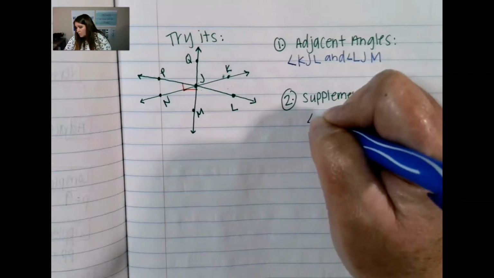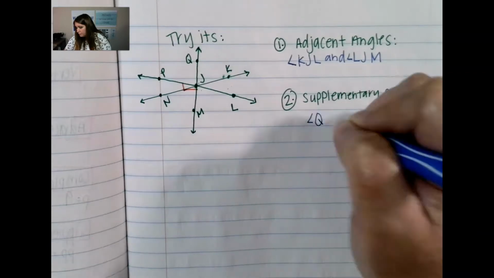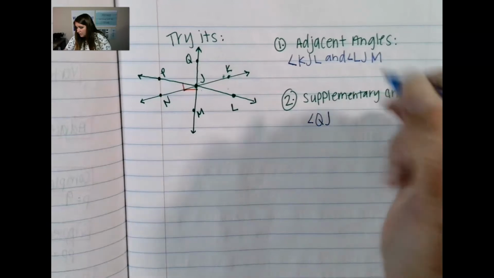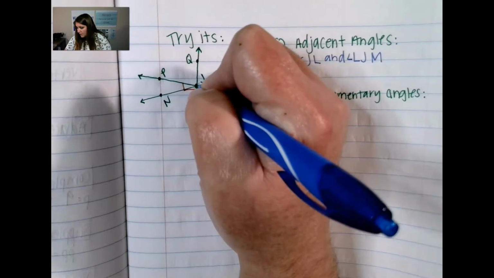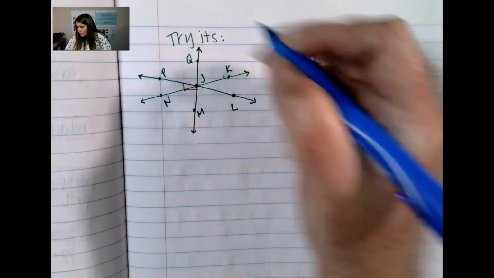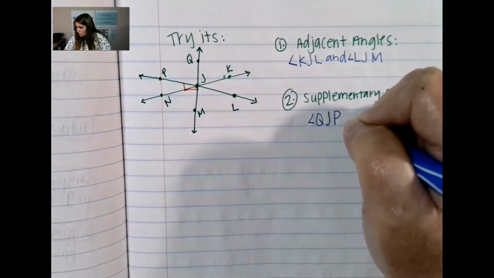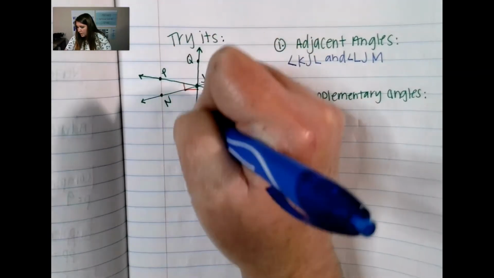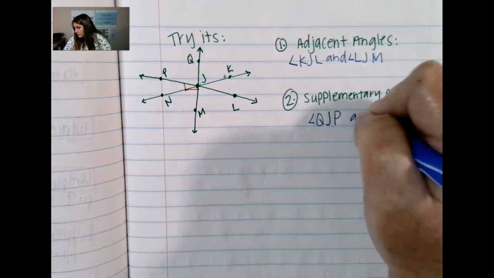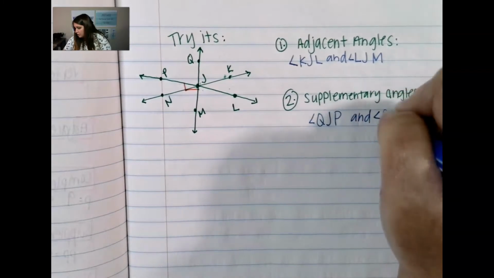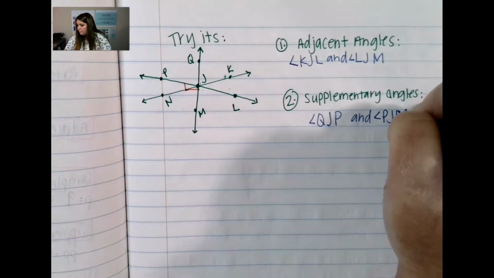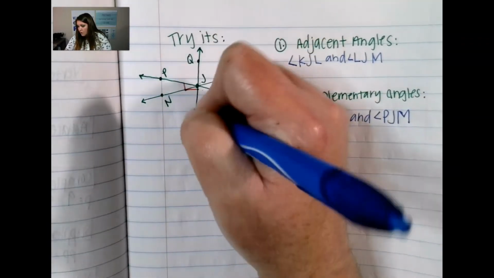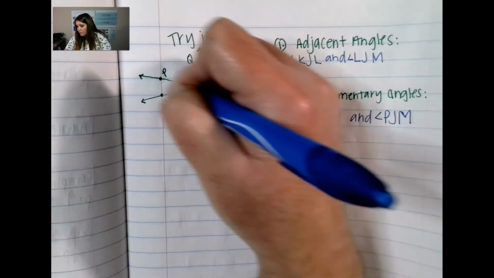I'm just going to go with angle Q, J, P, and then angle P, J, M. I use this as the base of my line right here with this one coming off of it.